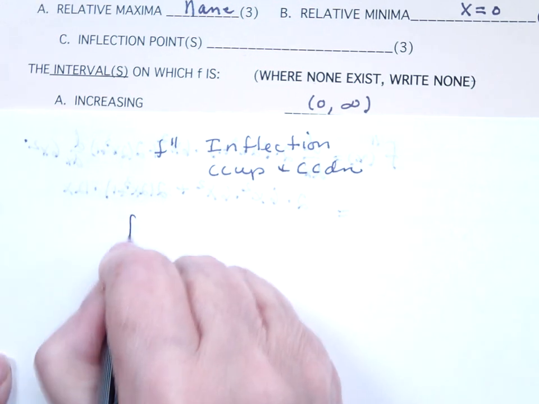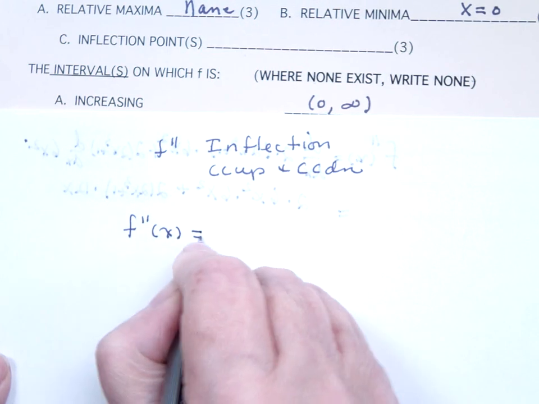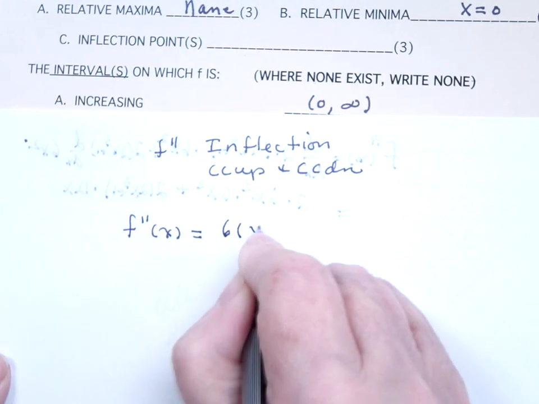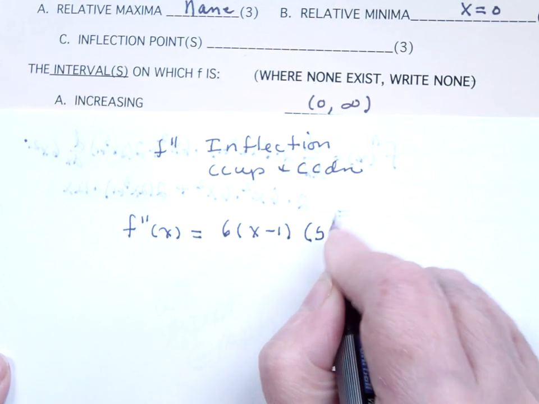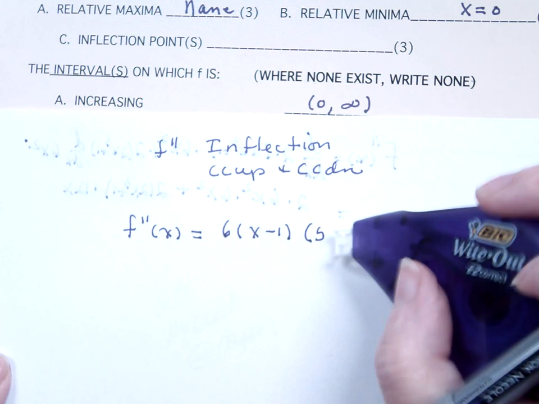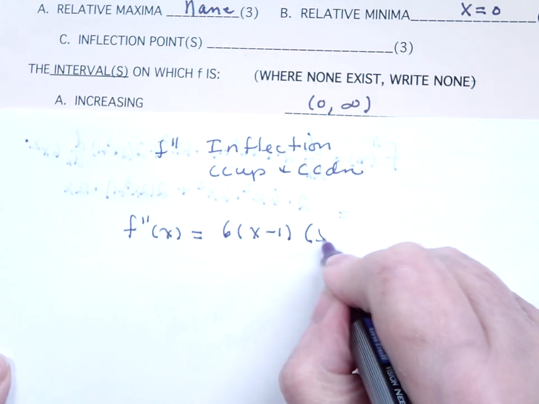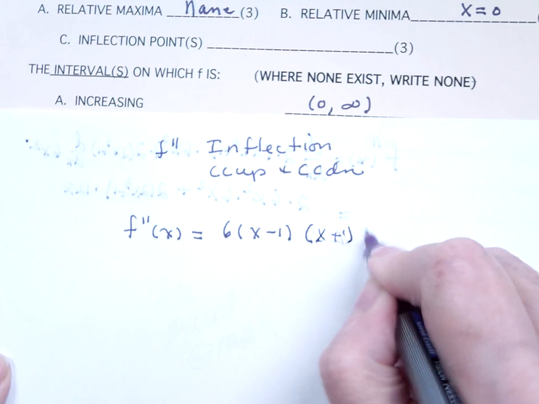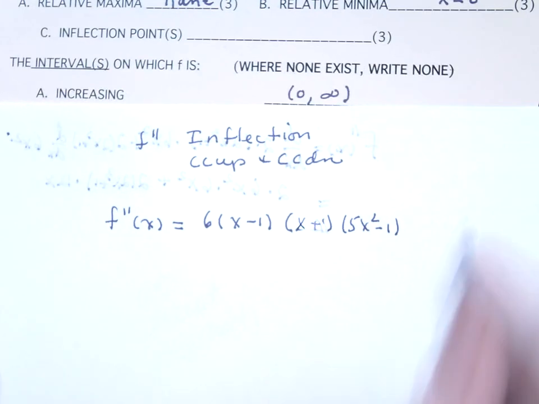And in this case, f double prime is 6 times (x minus 1) times (x plus 1) times (5x squared minus 1). And so I set that equal to 0 to give me my critical values.